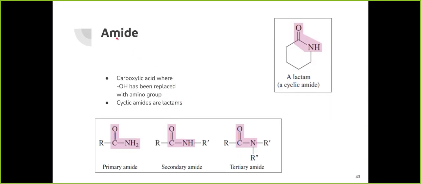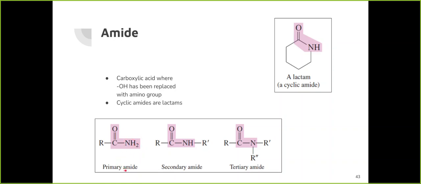Okay, an amide is a carboxylic acid where the OH has been replaced with an amino group. Here we have a primary amide: you've got R-C double bond O, and then an NH2 instead of an OH.